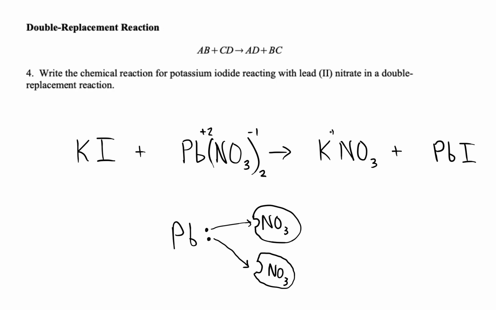All right, so the potassium will give off 1 electron. Nitrate will accept 1, so they're actually balanced there. That is the final formula. Lead will give off 2 electrons, but iodine wants to accept just 1. Therefore, our chemical formula for lead iodide is going to be PbI2.